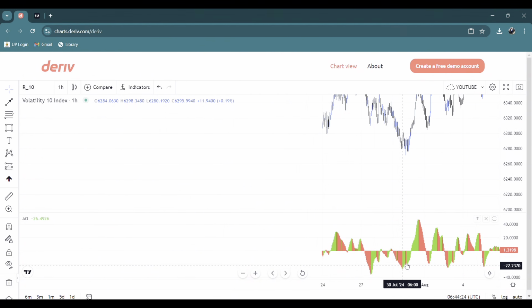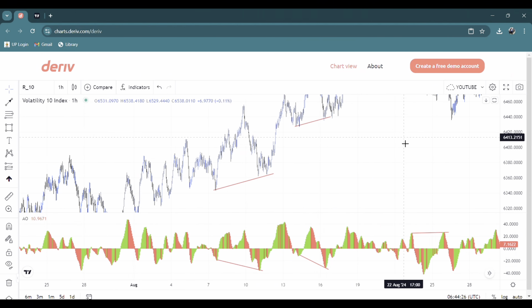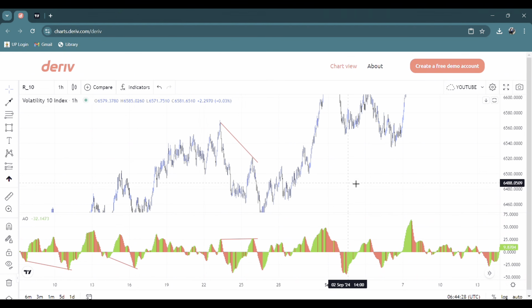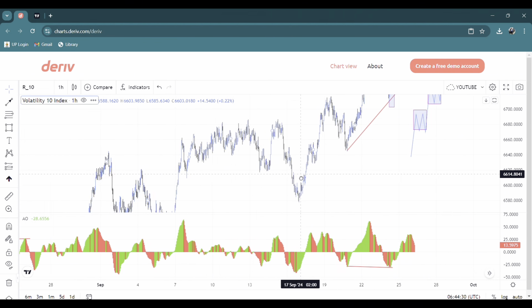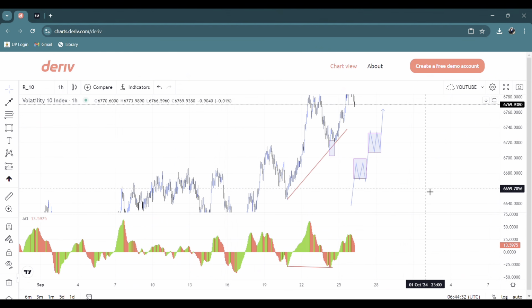So as you can see, there are so many examples to find in the charts of this demonstration of hidden divergence. It's important to be able to identify the different types of divergences that you'll find, because when you find hidden divergence, you want to be moving with the trend. When you find regular divergence, you want to be changing your trend.